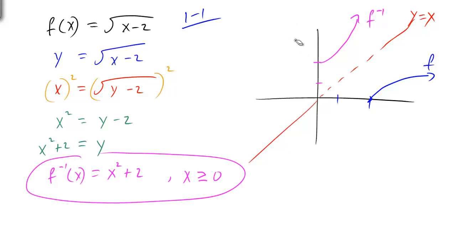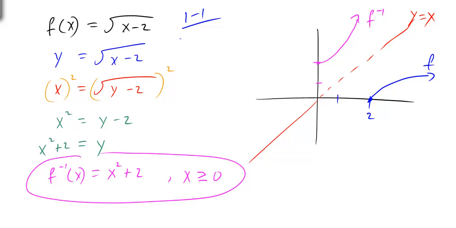Well, if we notice the original function here, if we look at this graph, your x starts here at 2 and goes on, but notice here the y value is what? The range of this function here, let me actually write this down.